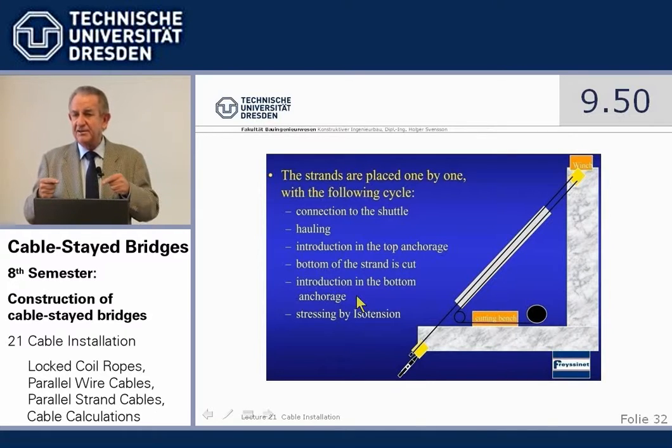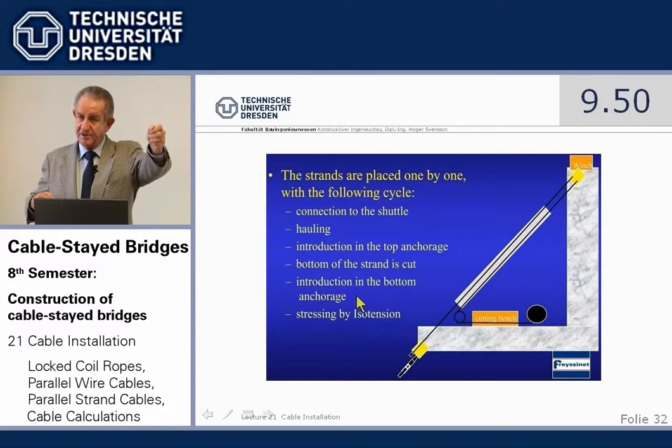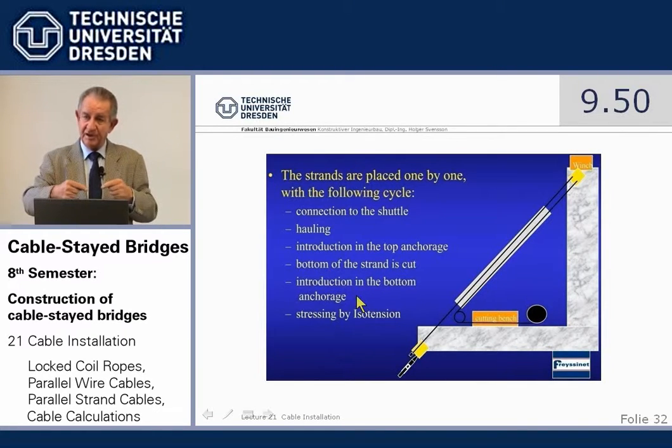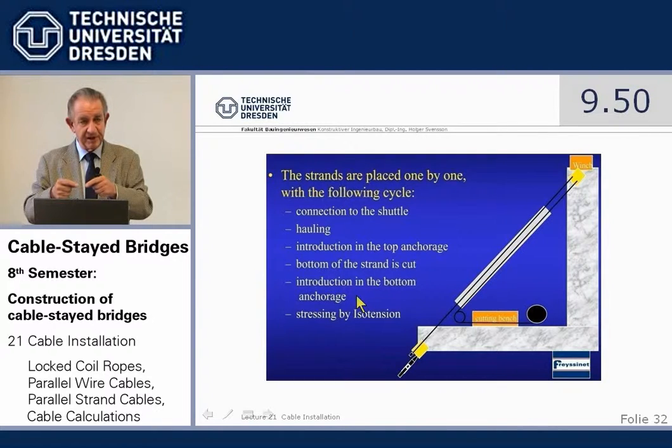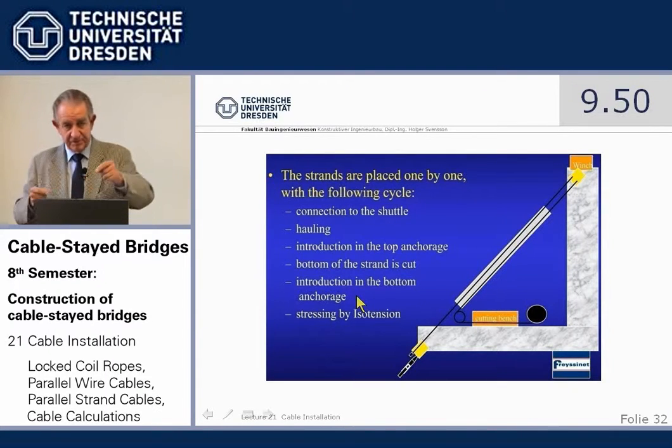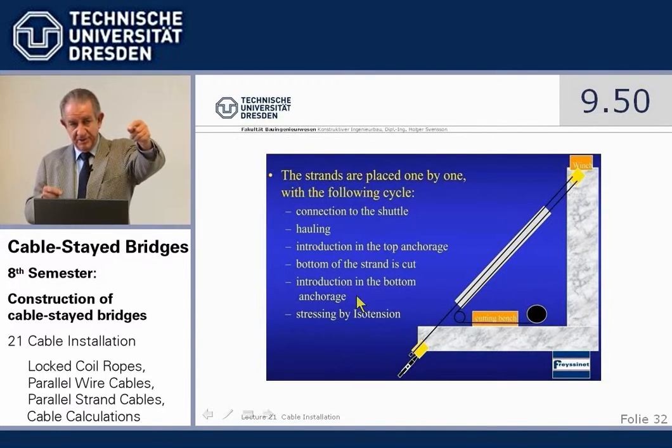It's fairly easy. What we do is we overstress the first strand. Then we install the next strand and stress the next strand in that way that both the first strand and the second strand have the same stress. Because if you think about it, if you pull in the second, you somewhat release the first.